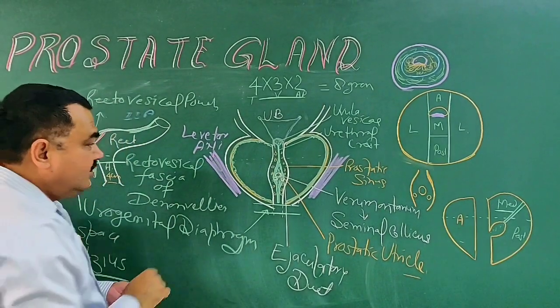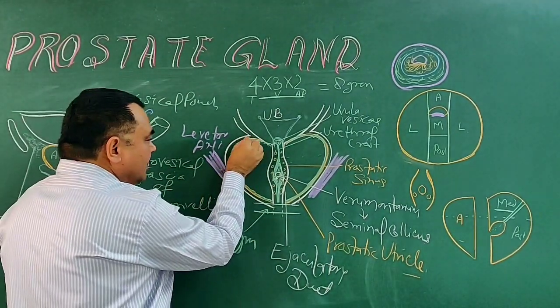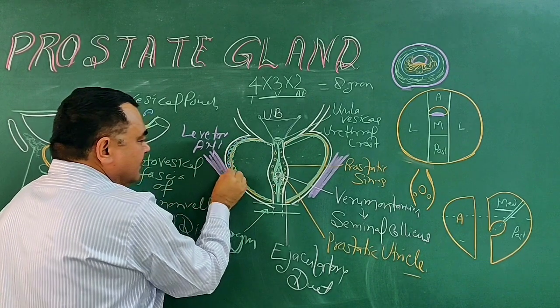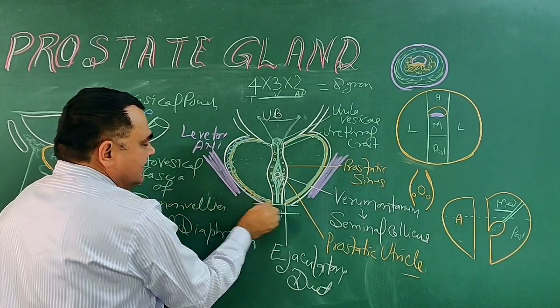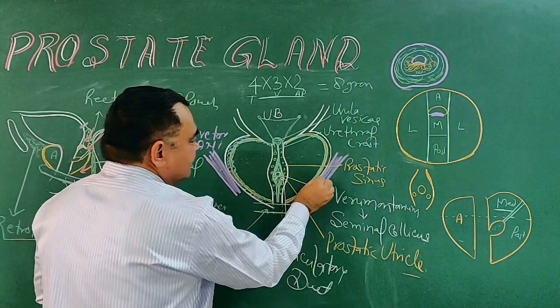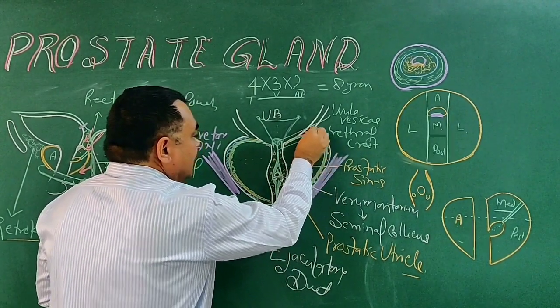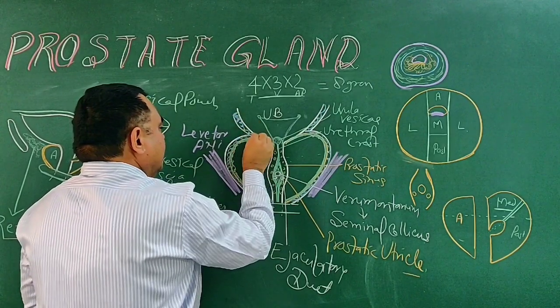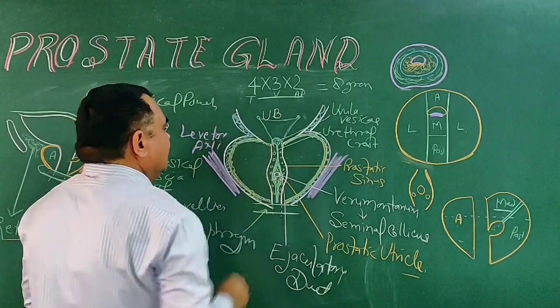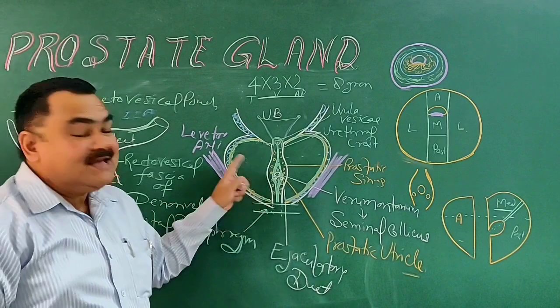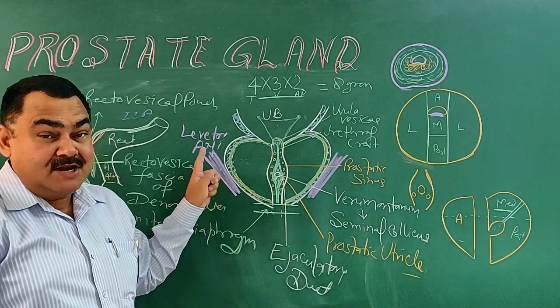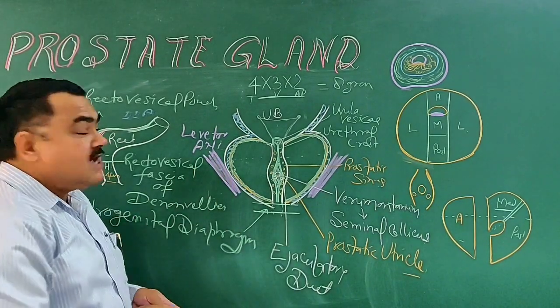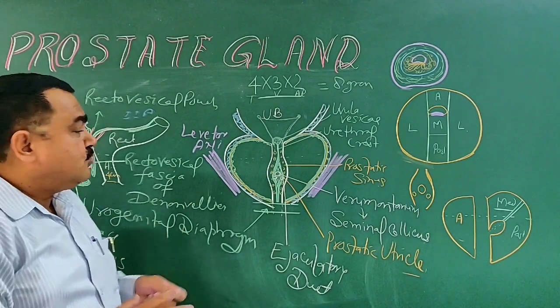In between the true and false capsule, there is a plexus of veins, that is the prostatic venous plexus. This prostatic venous plexus is surgically very important in prostatectomy.